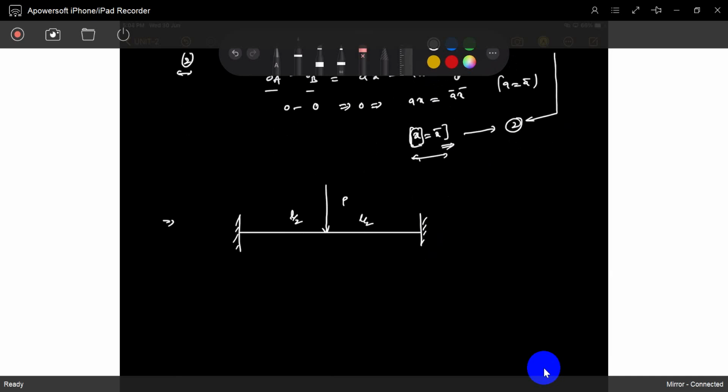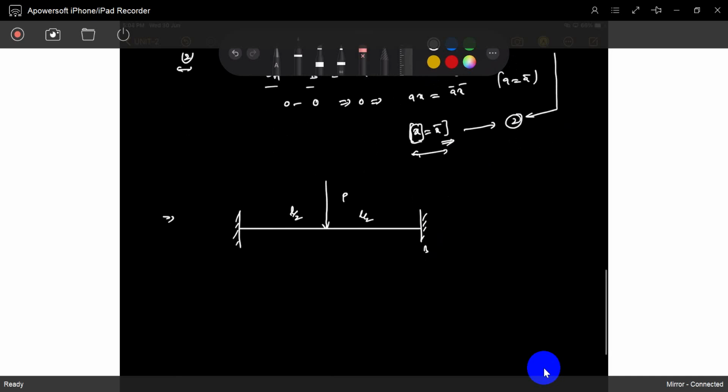We can't solve it directly because it has MB, it has MA also. So this is RB, this is RA. Four reactions are there, but we have only two equations: vertical forces Fy equal to 0 and M equal to 0 at any point. You can't solve four unknowns with only two equations.